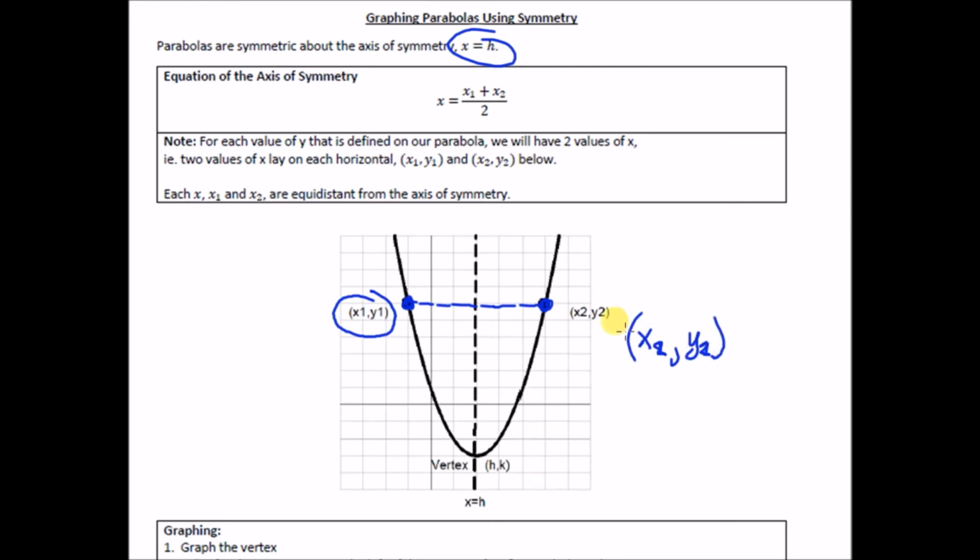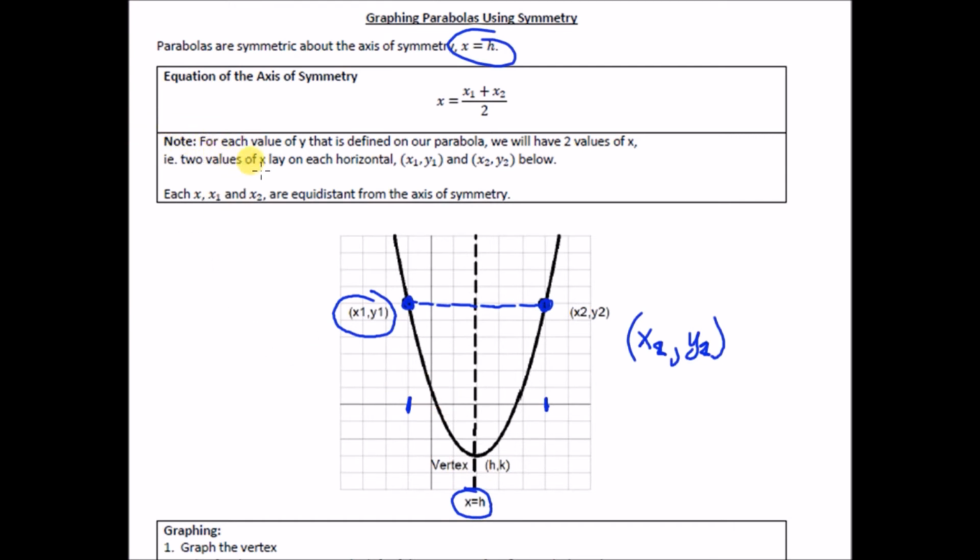On the software, it didn't allow us to put the subscripts. So what we would do is add the two x values, the x to the left and the x to the right, and average them out to find the axis of symmetry, x equals h.